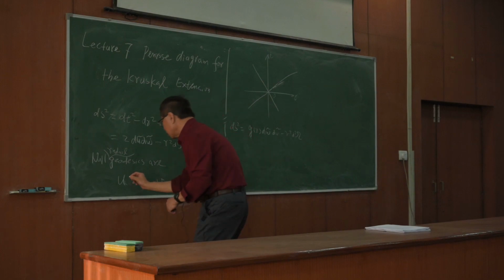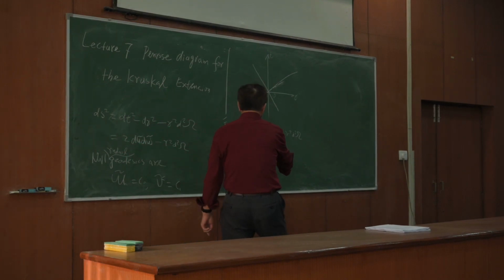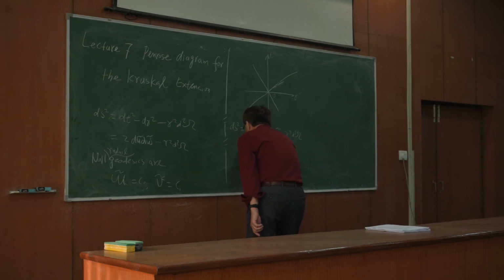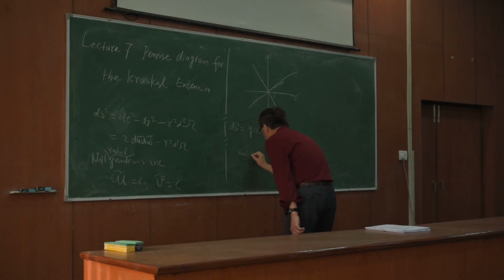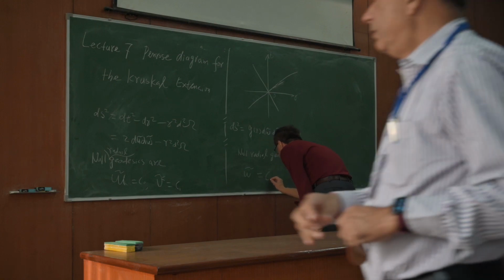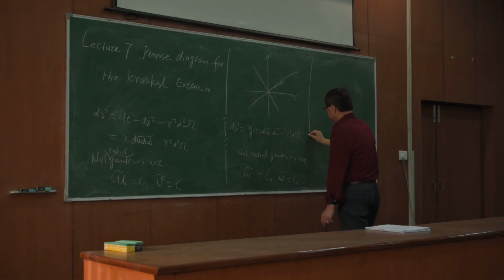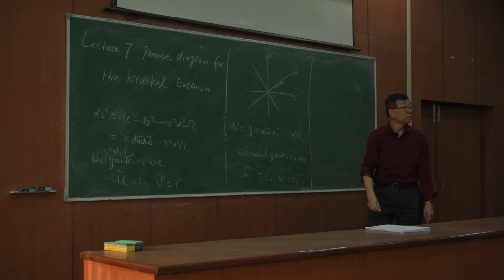Sorry, this should be actually... You see now the null radial geodesics are also w equal constant, v equal constant, the same, right?